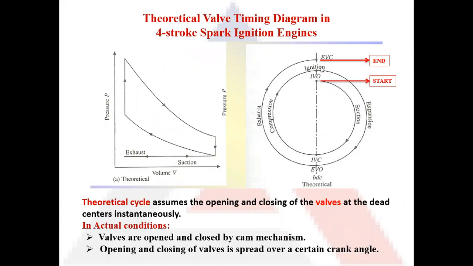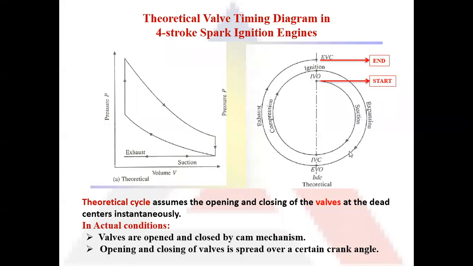So hence we have ignition here. At the top dead center, both the valves are closed, the spark is ignited and the combustion takes place. This combustion pushes the piston in the downward direction and we get the expansion or the power stroke. The piston is pushed downwards from the top dead center towards the bottom dead center.